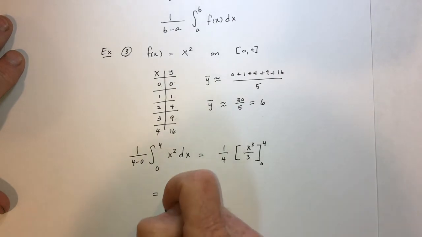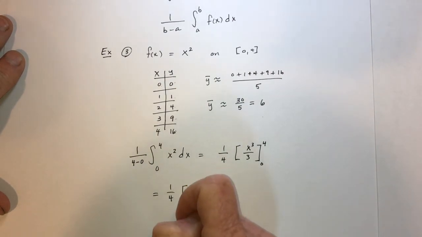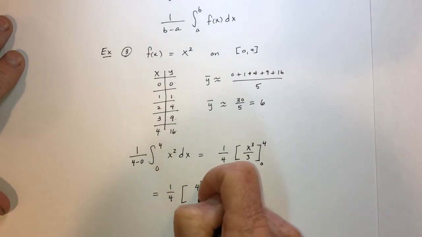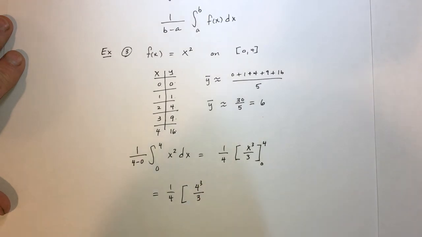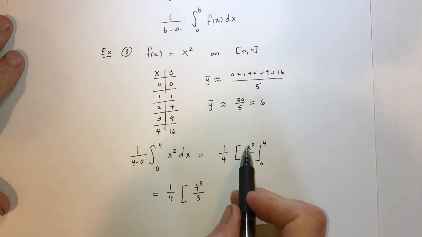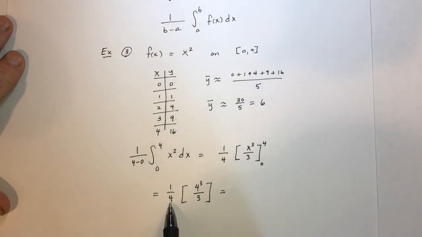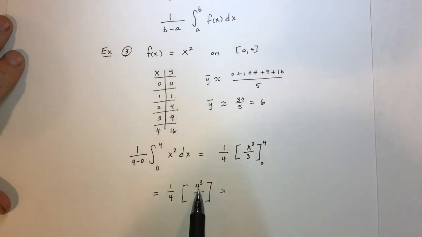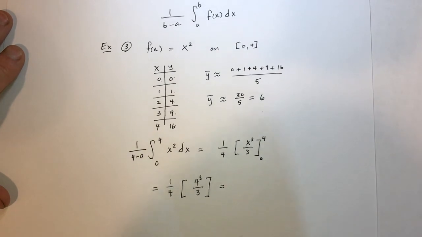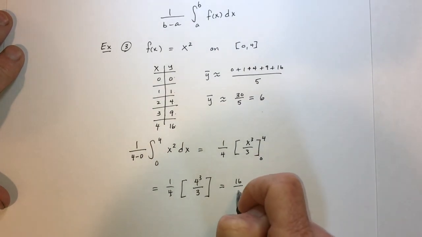So that's 1/4 of 4 cubed over 3, and then minus 0. So when you divide this 4 into that, it's going to leave 4 squared, or 16. So it's 16 thirds.